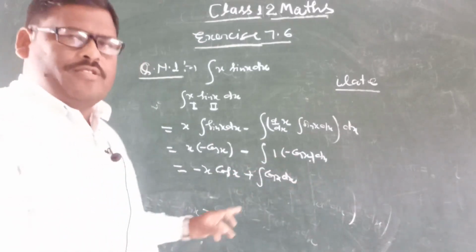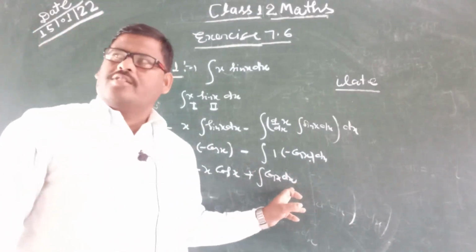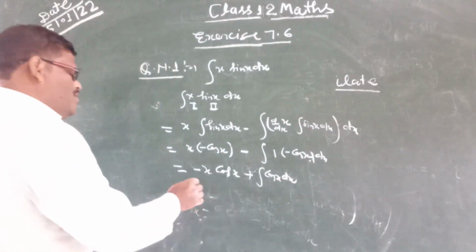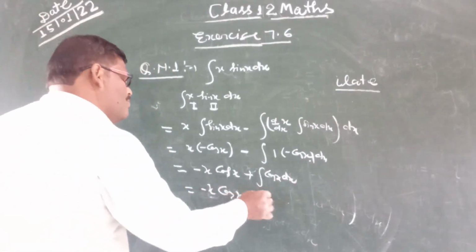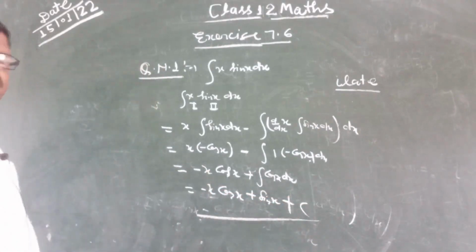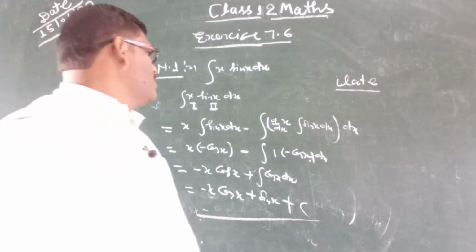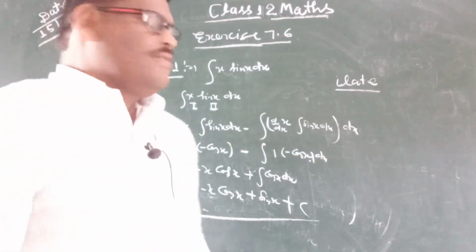As you know, integration of cos x dx is sin x. This implies minus x cos x plus sin x plus integral constant C, that is the required solution of question number 1, integration of x sin x dx.